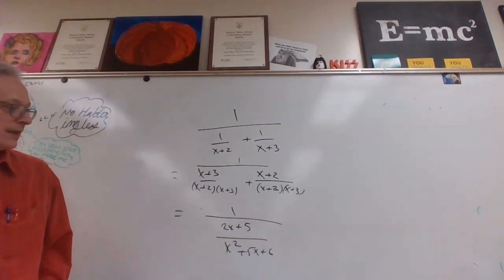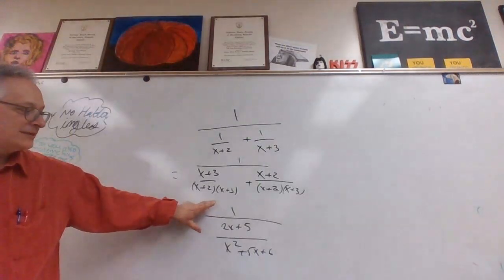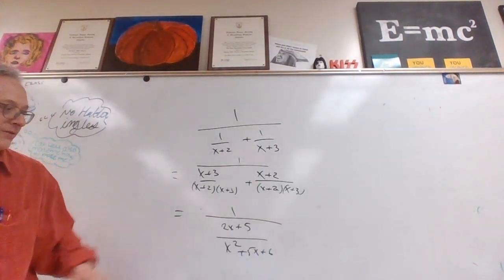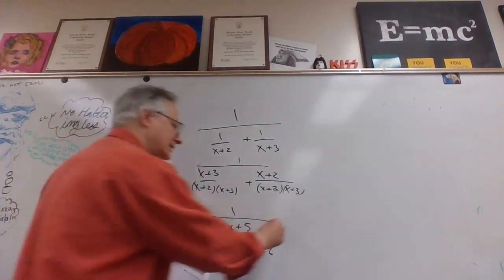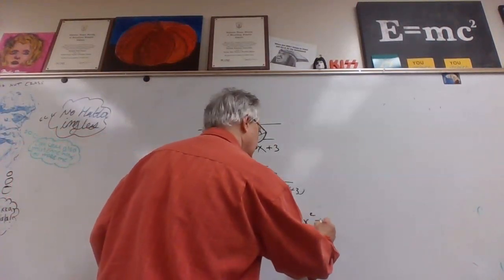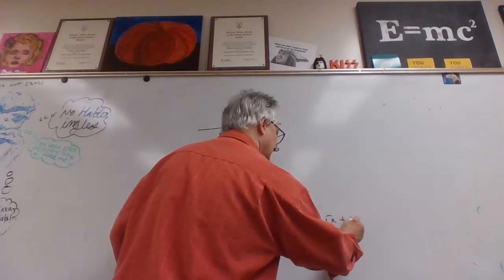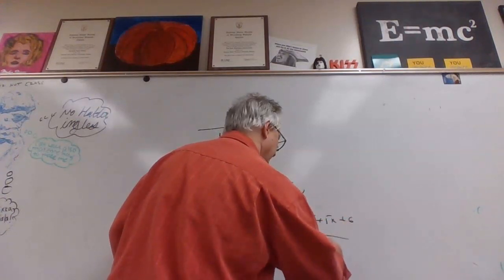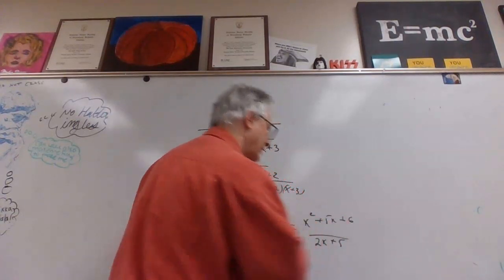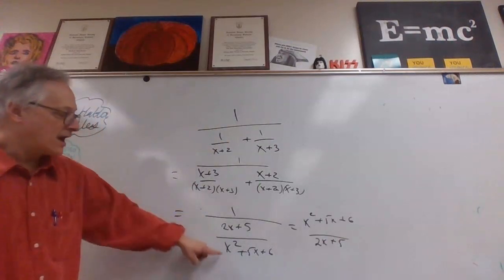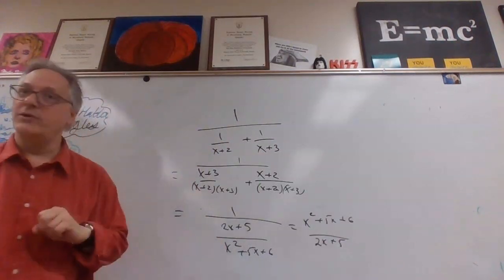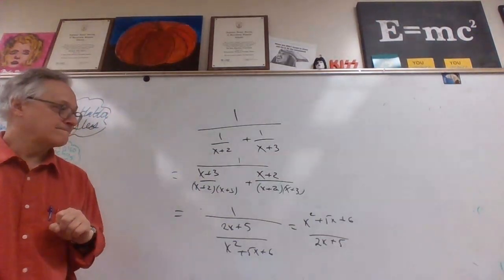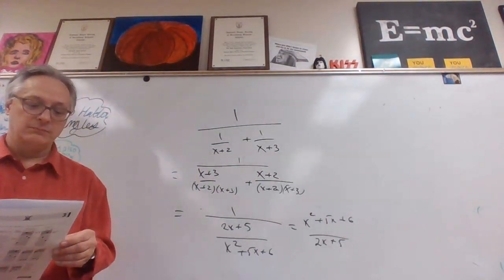Well, if this is 1 over that, remember it's the same thing as just flipping that over, right? So that is equal to x squared plus 5x plus 6 over 2x plus 5. Something in the denominator of the denominator becomes the numerator. So your answer is going to be B.